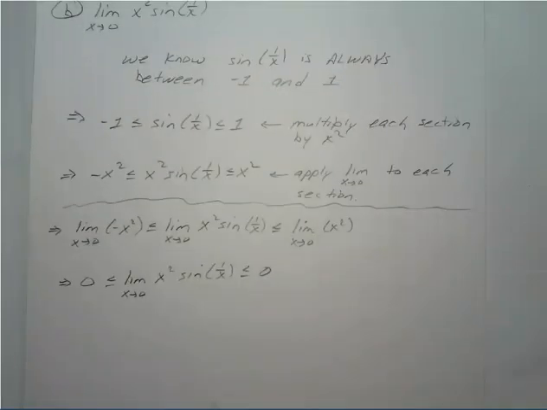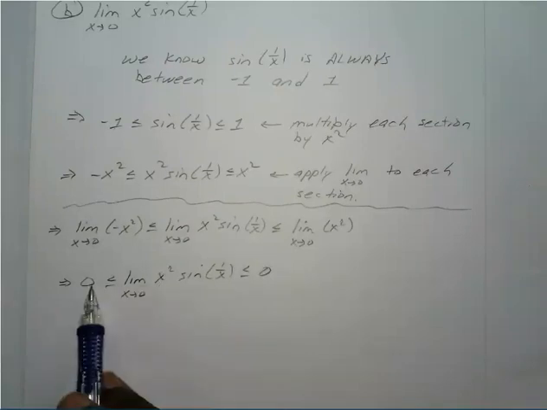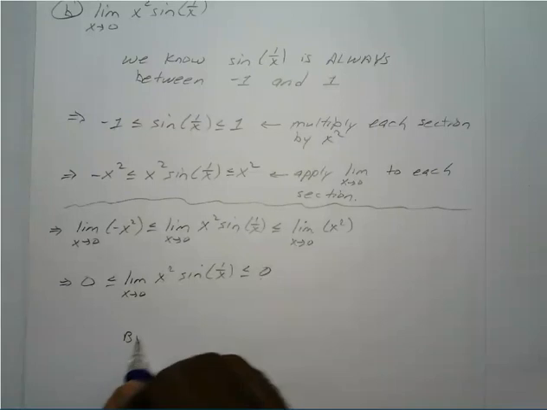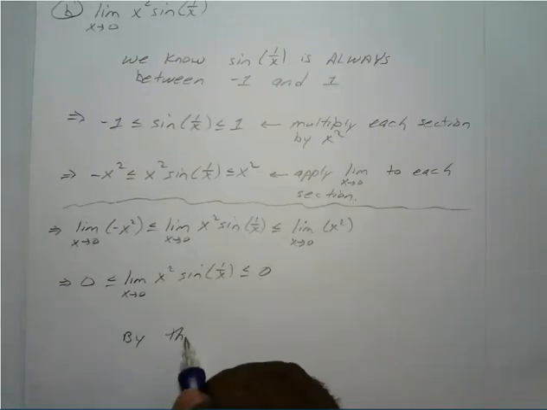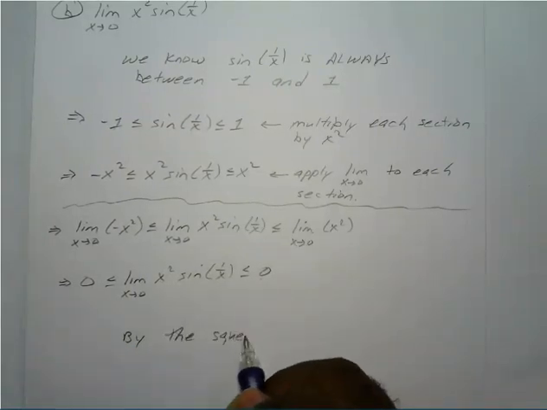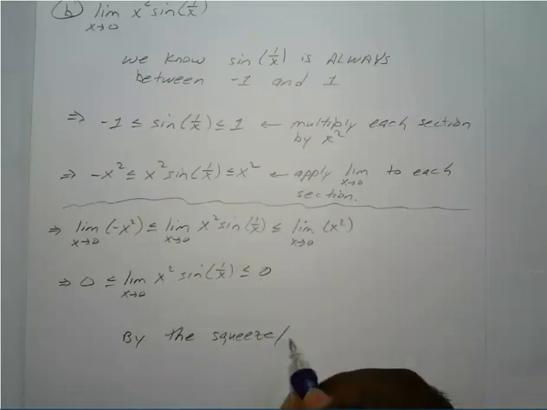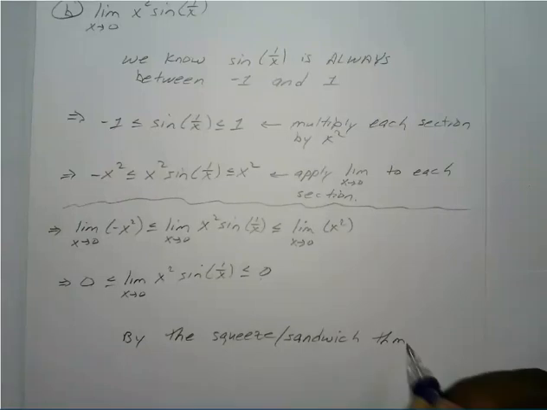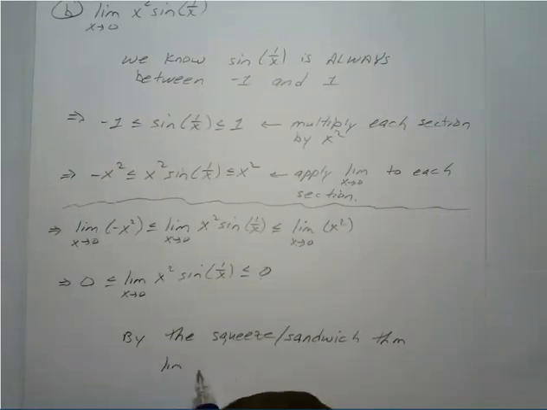Once again, if your middle function is between two matching limits, then by the squeeze/sandwich theorem, the limit of x squared sine 1 over x as x approaches 0 is equal to 0.